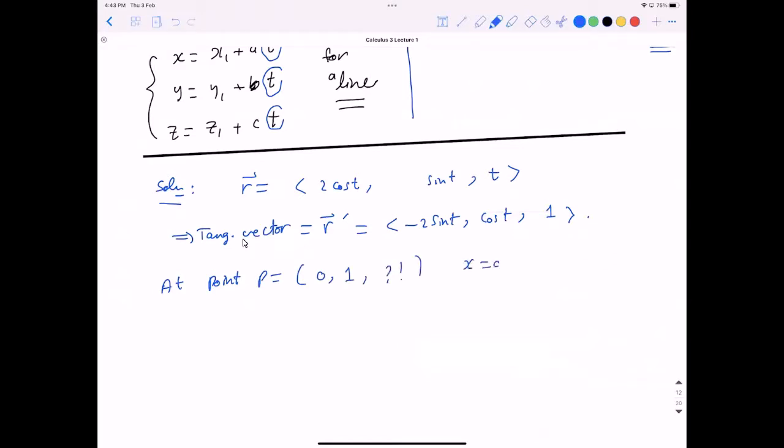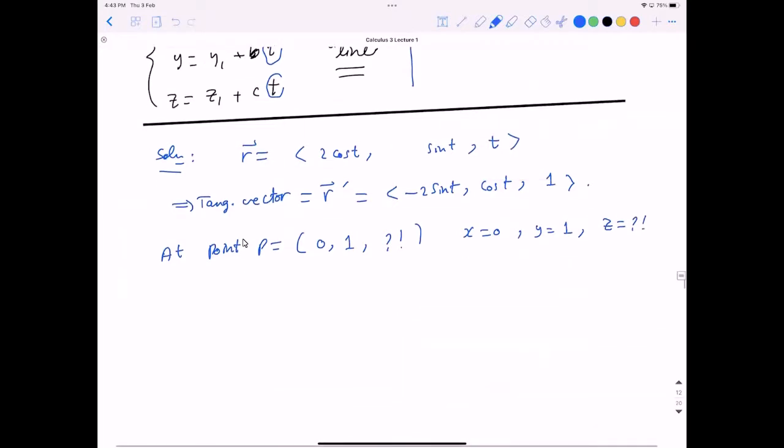This means x equals 0, y equals 1, z equals what? We need to find this. So 2 cosine t is 0, and sine t is 1. When does this happen? When cosine t is 0 and sine t is 1.